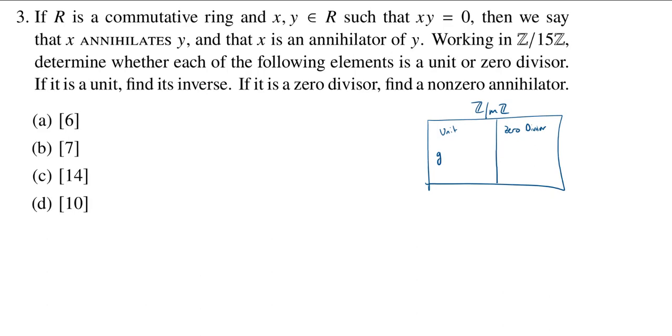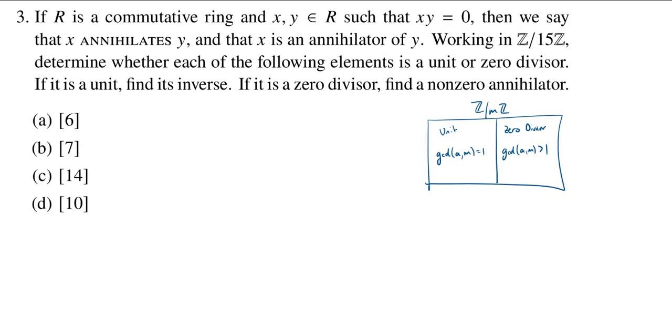Well, we would have to look at the GCD. If the GCD of some integer a with M is 1, then we get a unit. If the GCD is greater than 1, then we get a zero divisor. So all we have to do is look at these representatives and ask, are they relatively prime to 15 or not?